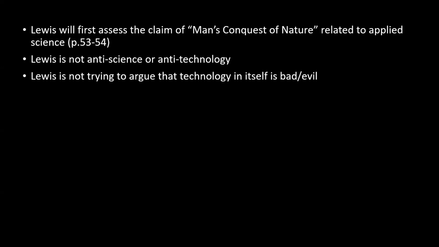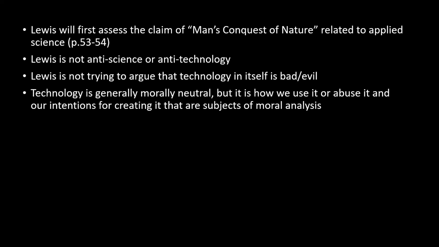He's not trying to argue that technology in and of itself is bad or evil. That's not his intention. Technology is generally morally neutral, but it's how we use it or how we abuse it that causes problems. And it's our intentions behind our use of technology or our intentions behind creating technology that ultimately become the subjects of a moral analysis.